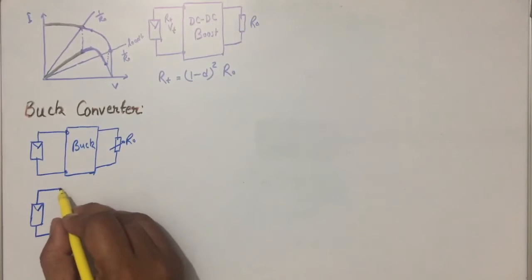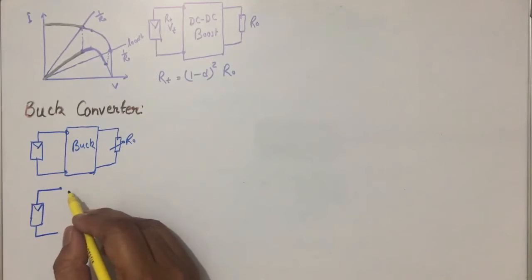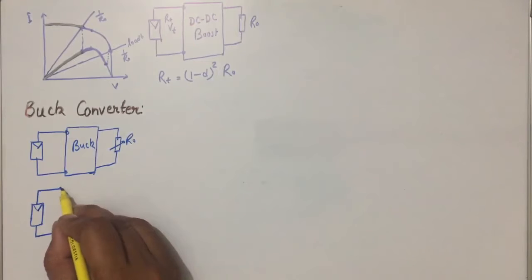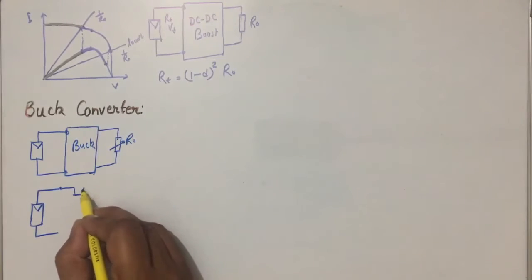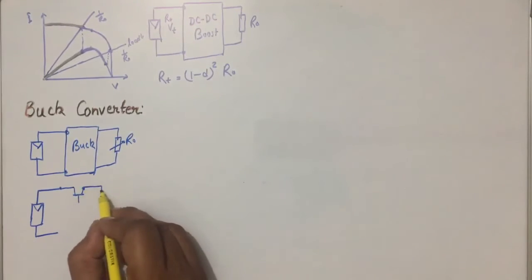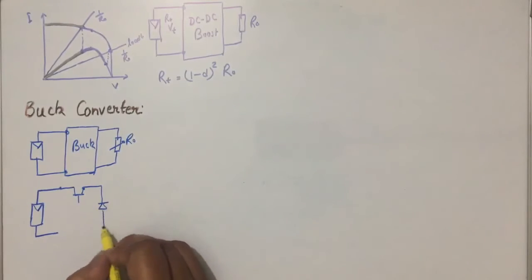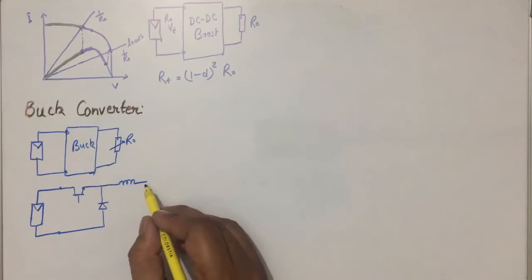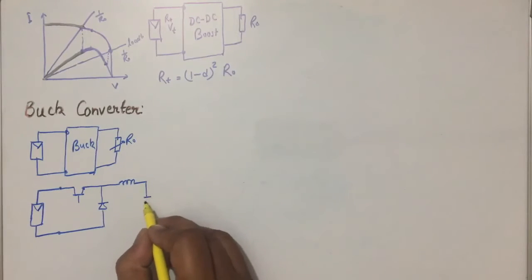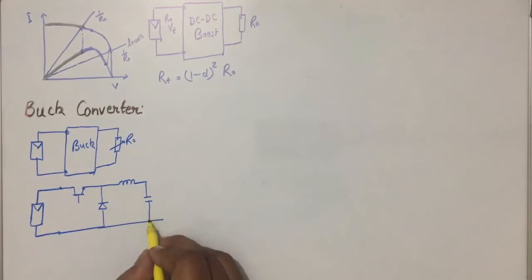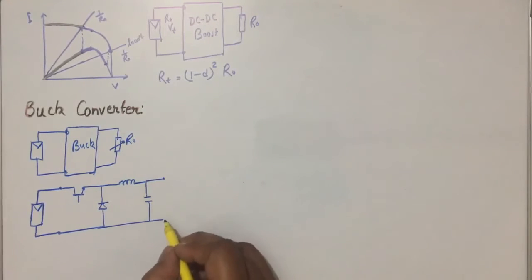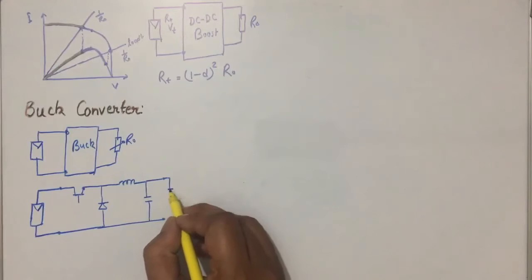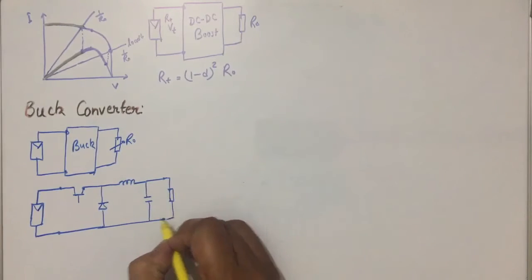Here the buck converter can be the combination of switch connected with diode, and after that inductor is connected, and that is connected with capacitor, and the output is connected with the load terminal.